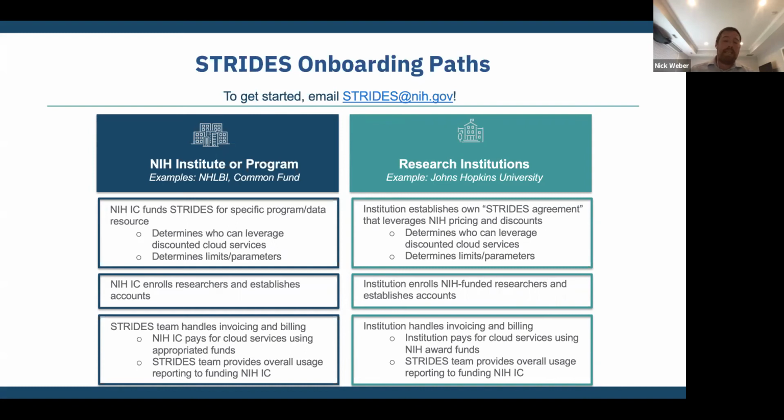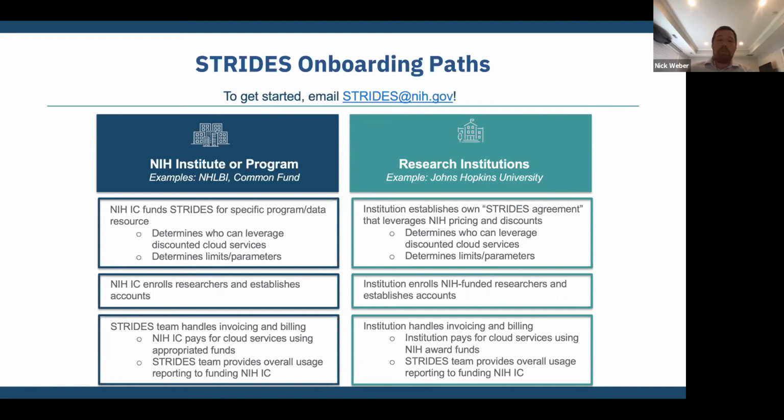And then we're going to delegate a specific research program that we fund to be able to draw down on those dollars. They have various programs. One that I'm familiar with from a previous life is the Human Microbiome Program. Let's say they want to use Amazon in this example. We're going to authorize $100,000, whatever that amount is, for them to draw down on those funds.